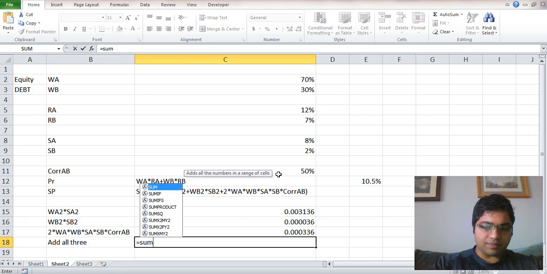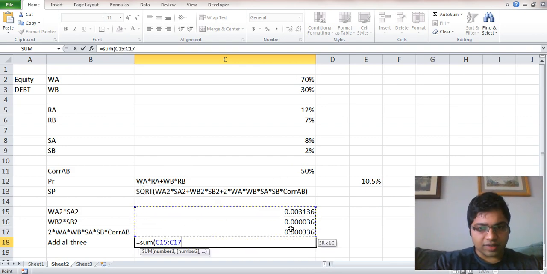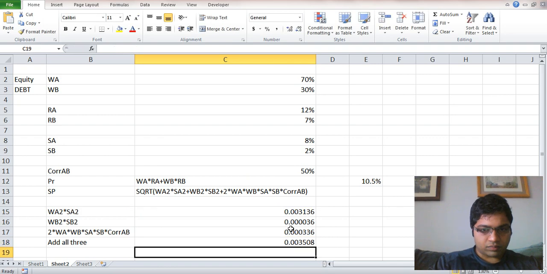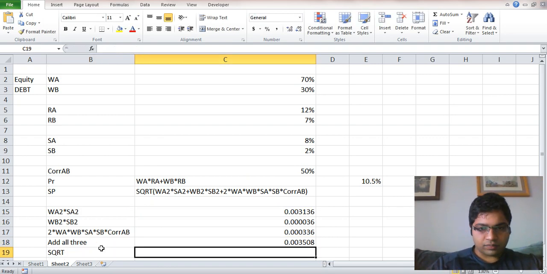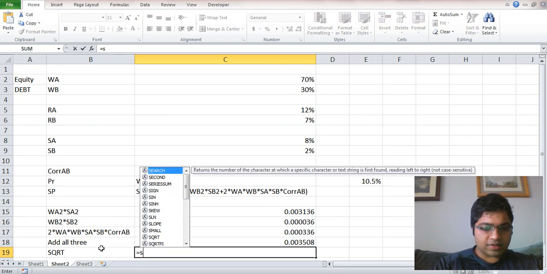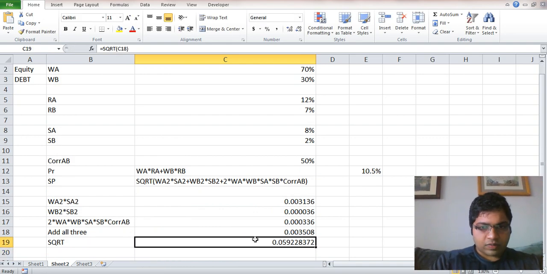It will be the sum of all these 3, and then take a square root, and take it in percentage. So your risk is 5.92%. This is the answer. If you get this in exam, you get full marks.